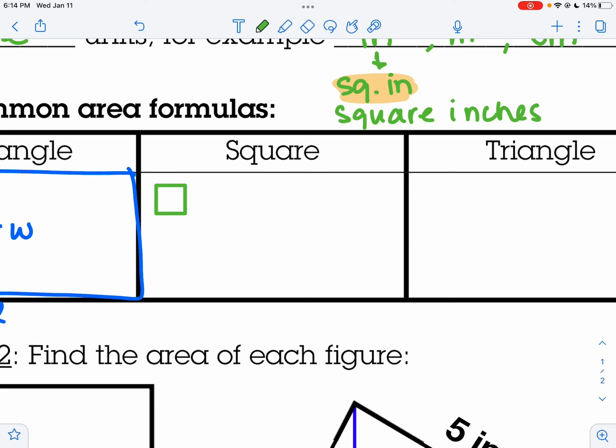So there's a square. You can still do length times width. That's fine. But in a square specifically, each of those sides are the same. So if we do side times side, that's the same thing as saying side squared. So a lot of times if you just went to Google area formula for a square, it will probably say A equals S squared.